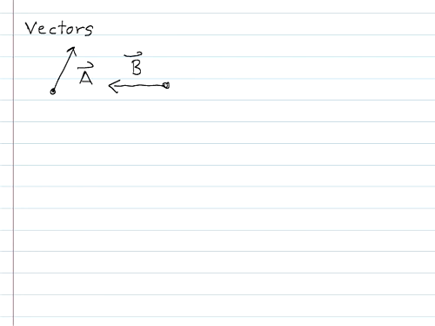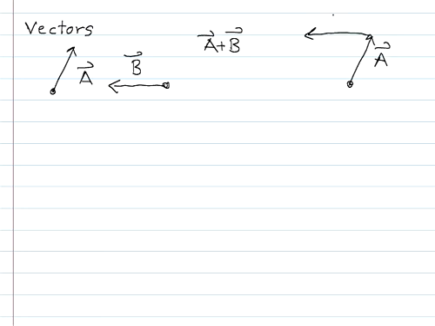So if we added these two vectors together, what would that look like? What would A plus B be? Now there's several different ways to add vectors graphically. One way is to just draw the first vector. So I'll do that here. There's the vector A. And then draw the second vector starting from where the first vector ended.